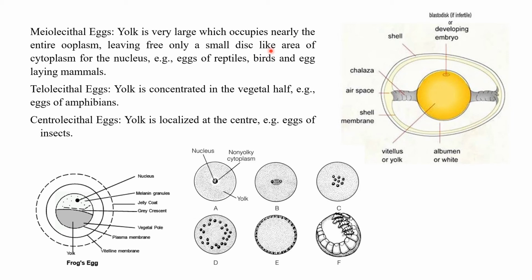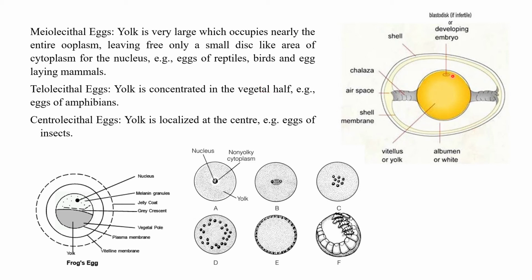The entire ovum will be filled with the yolk, leaving free only a small disc-like area of cytoplasm for the nucleus. The example is the eggs of reptiles and birds, and the eggs of egg-laying mammals such as the platypus and echidna, which are classified under the order Monotremata.